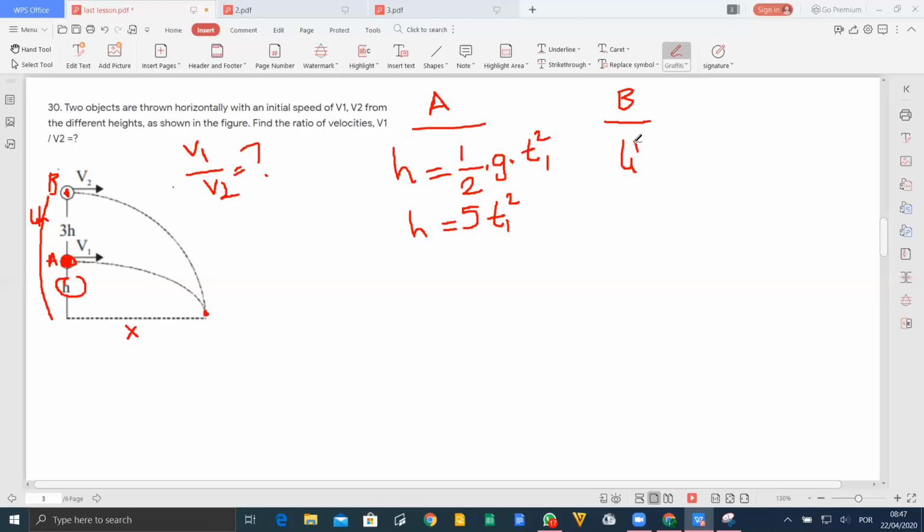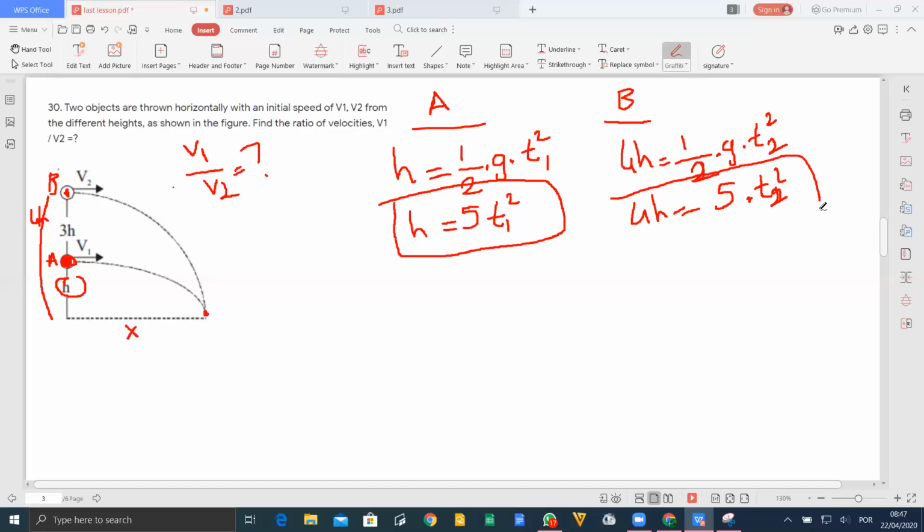The height 4h is equal to half times g times t2 square. So 4h is equal to 5 times t2 square, right? But anyway, we can leave it as it is. Later on, we can do another action. Right now, by using the formula of height, we can get this information.